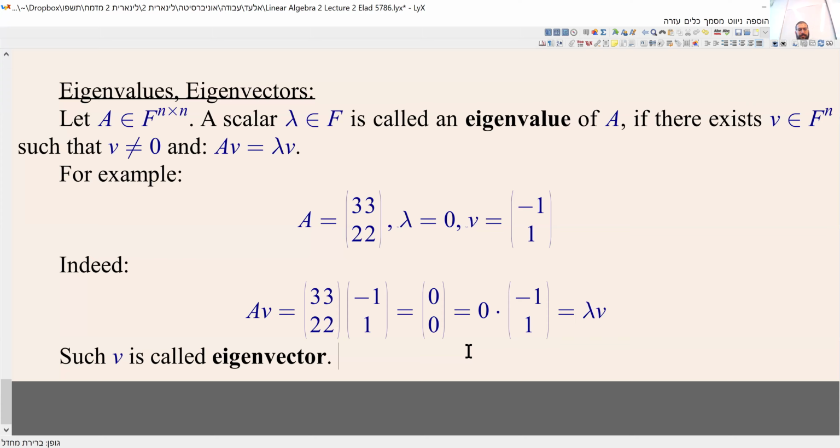But as we know, we are short of time and full of desire for a high-paying job after our studies. So first of all, we try to answer how do we find lambda and V, and then why do we find them? And we'll see it along the rest of our course.